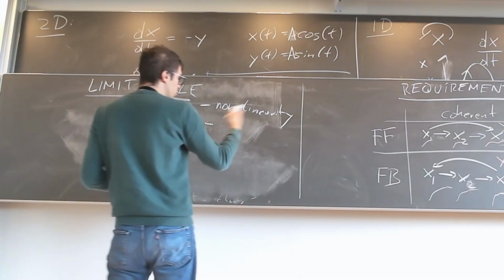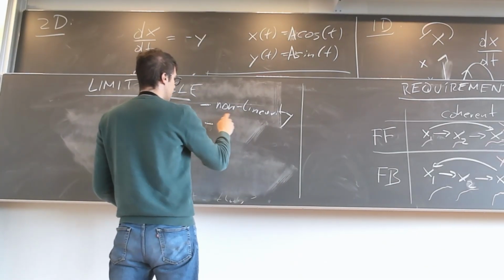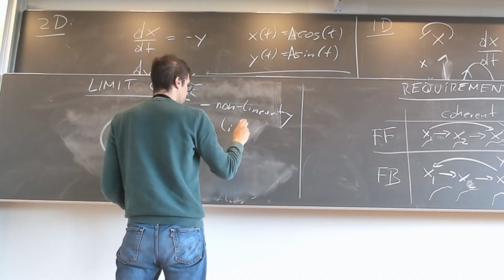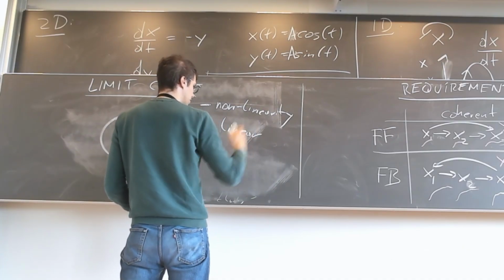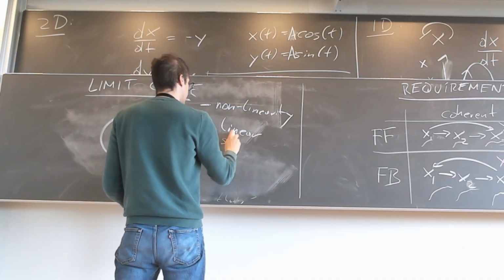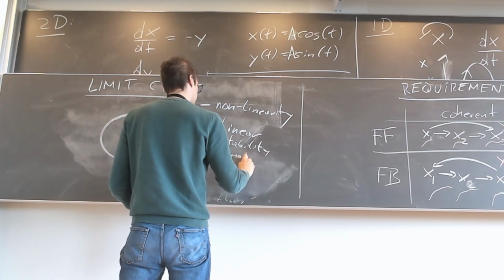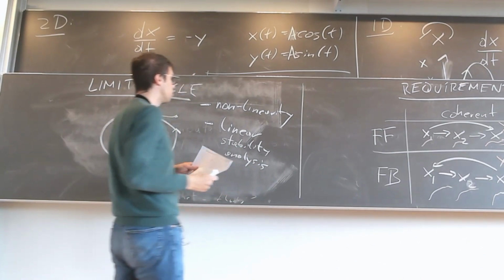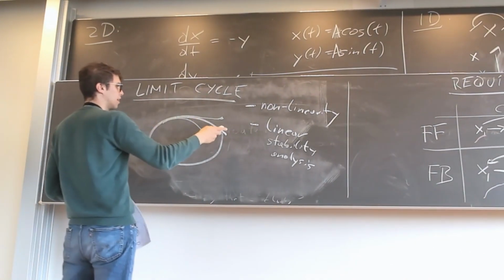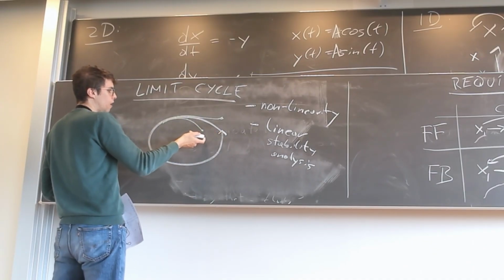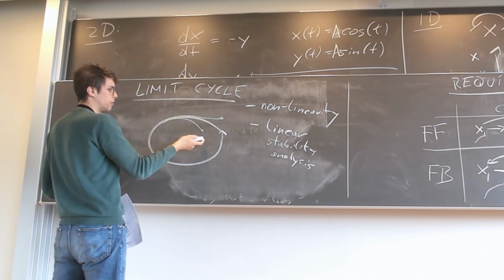And then, so you do need nonlinearity, but then there's the question, how do you find these? And this is something that's called stability analysis, or let's say linear stability analysis. There's a slight contradiction there, but it won't be in a minute. You might see this limit cycle, and you might think of all the different trajectories of your dynamical system that you can have here.